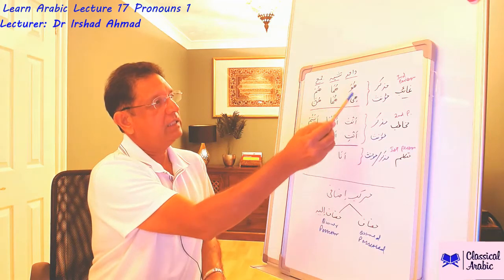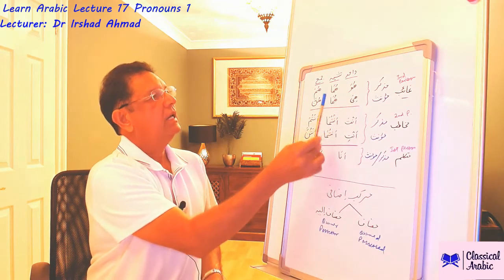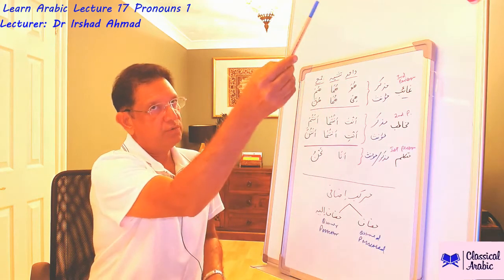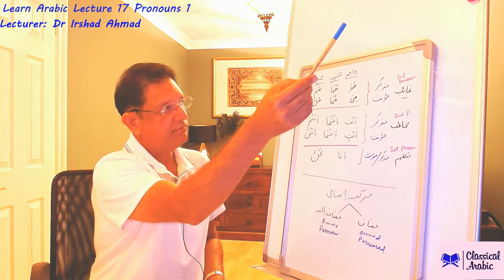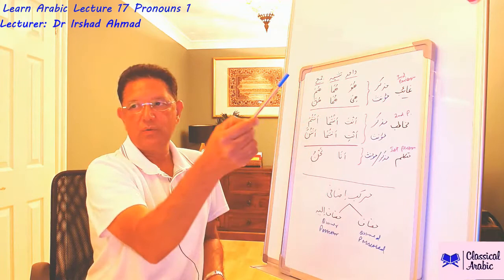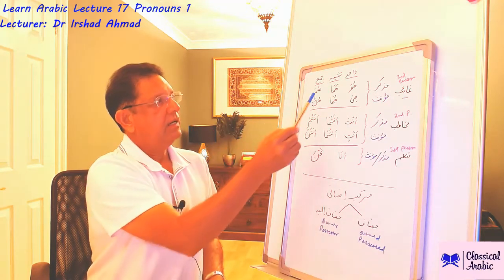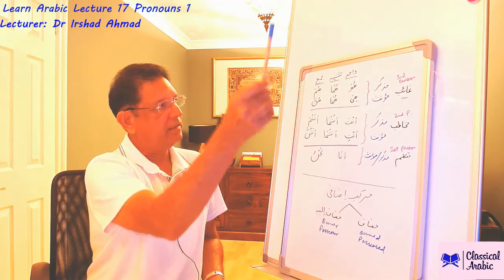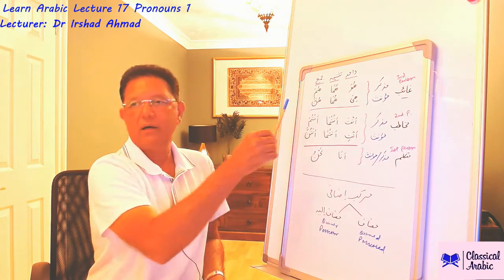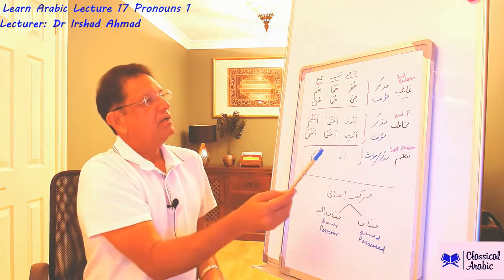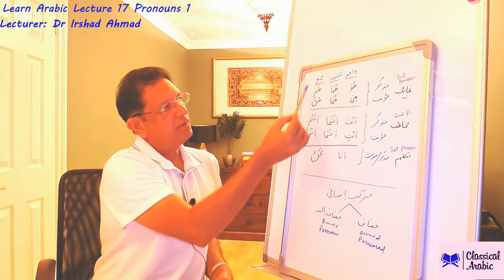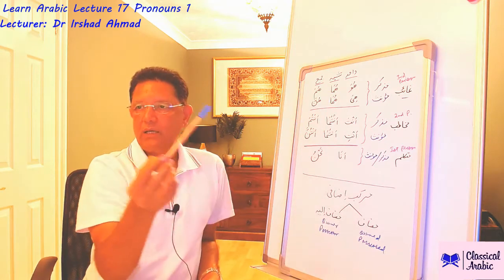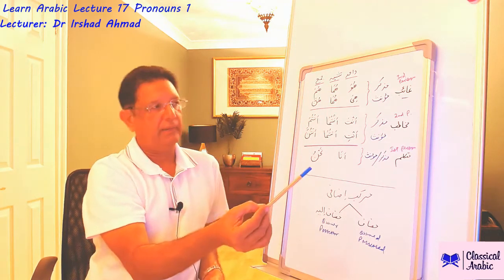Huwa, he, hiya, she. And then for tasniya we have huma, those two men, and huma, those two women. And plural we will have hum, they all men, and hunna, they all women. So we have 6 pronouns here for third person: huwa, huma, hum, hiya, huma, hunna.